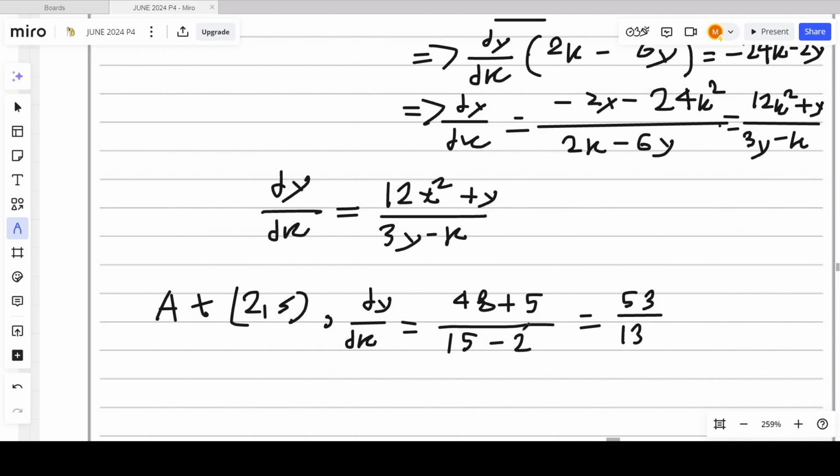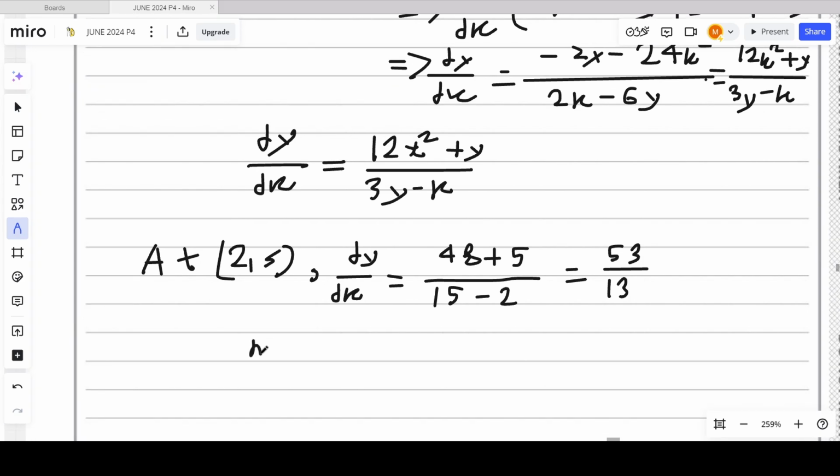So we got the gradient of the tangent, 53 over 13. That means the gradient of the normal would be the negative reciprocal, negative 13 over 53.